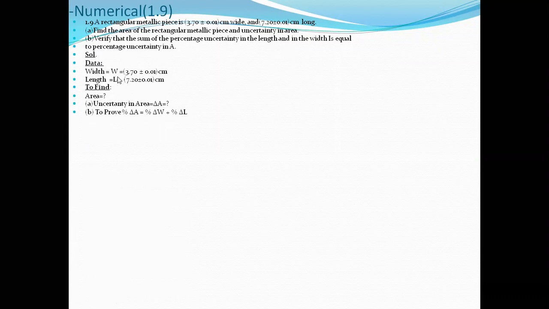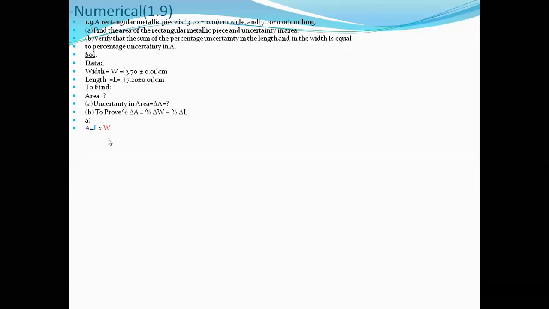Width W is equal to 3.70 plus minus 0.01 centimeter. Length L is equal to 7.20 plus minus 0.01 centimeter. We have to find the area and its uncertainty, and also prove that the percentage uncertainty of the area is equal to the percentage uncertainty of the width plus the percentage uncertainty of the length.